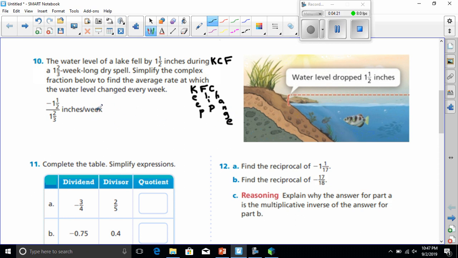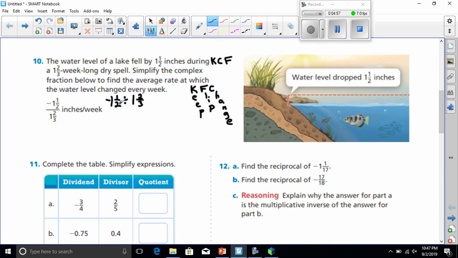All right, let's try it. In this case, we see that we're going to have negative 1 and 1/2. And we're going to be dividing that, because every fraction is a division problem, by 1 2/3. Well, first of all, before we can flip it, we have to change these into improper fractions.